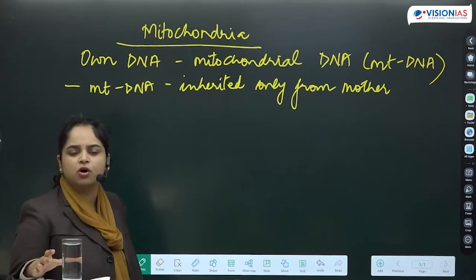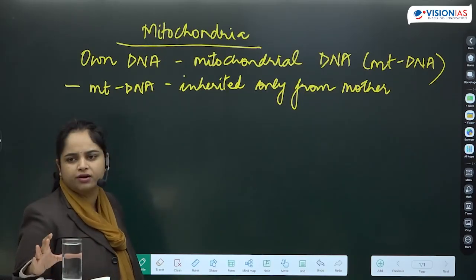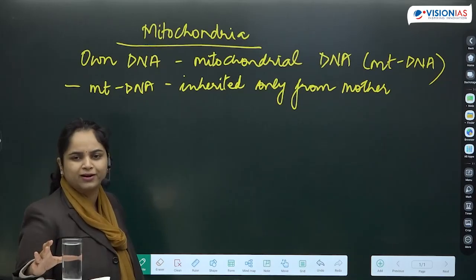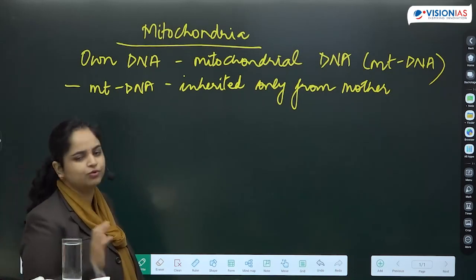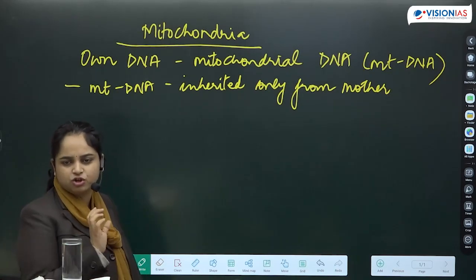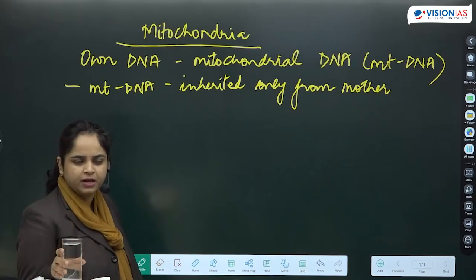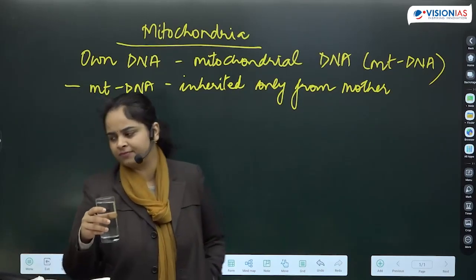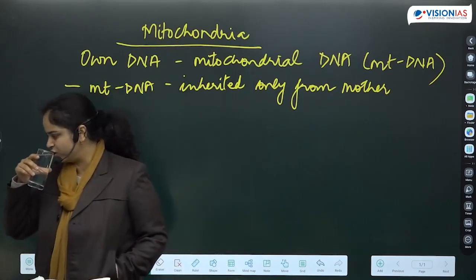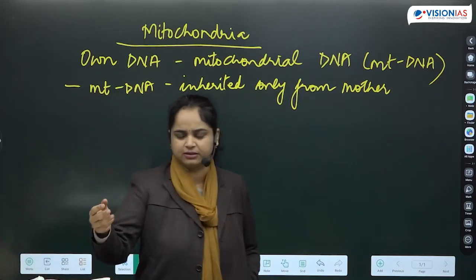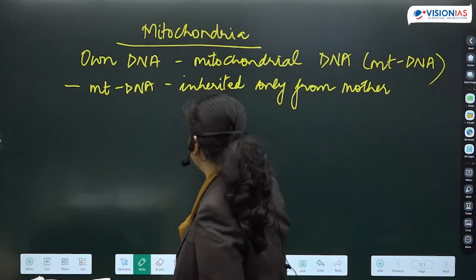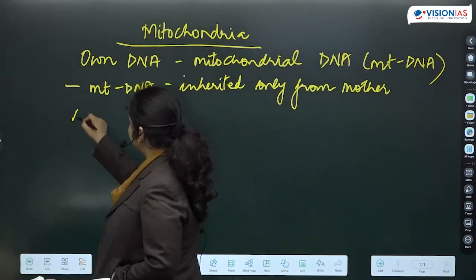Its only job is to make sure that the mitochondria is working properly. The mitochondria whose job is to produce energy, तो वो energy producing function को ये regulate कर रहा है. That is the job of this small piece of DNA. So in a normal situation, there is nothing significant about it. I mean, which can create a variation or something. But if this is defective, that's when the problem comes.